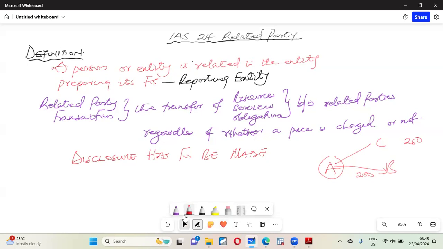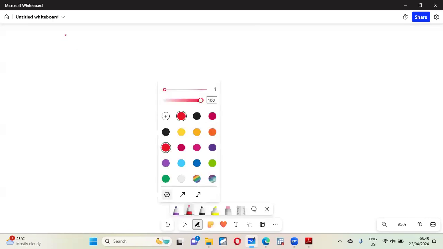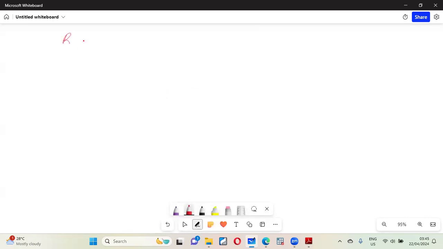So my next attention will be trying to give examples of a related party relationship. All right, so let's look at some of them.